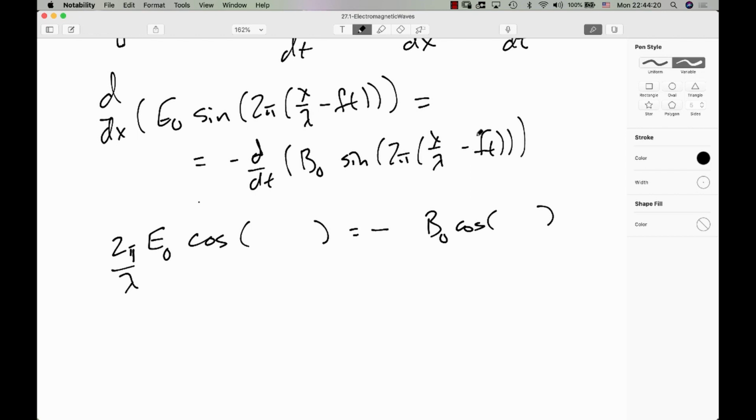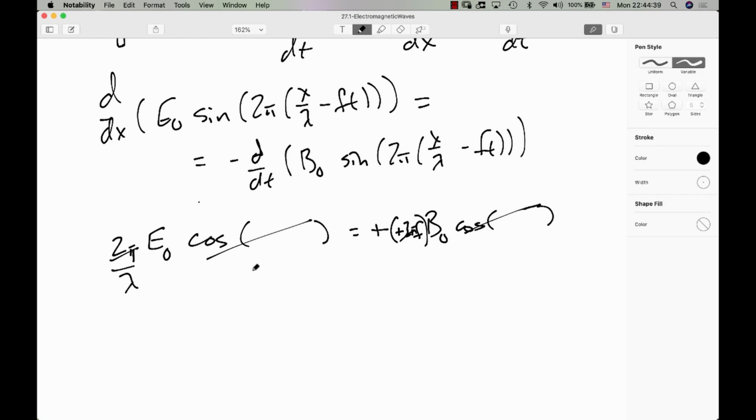I'm going to pick up a minus 2 pi f. So minus a minus there, 2 pi f. So the 2 pi's will cancel. The minuses all cancel. The cosines of things cancel.